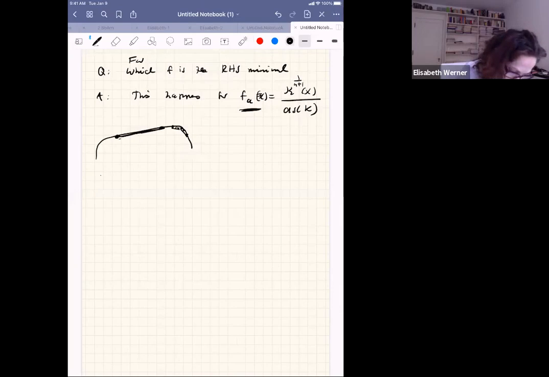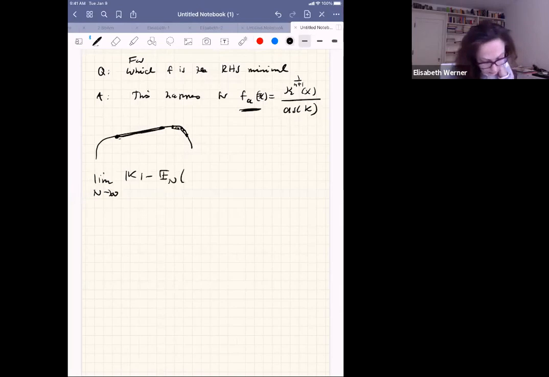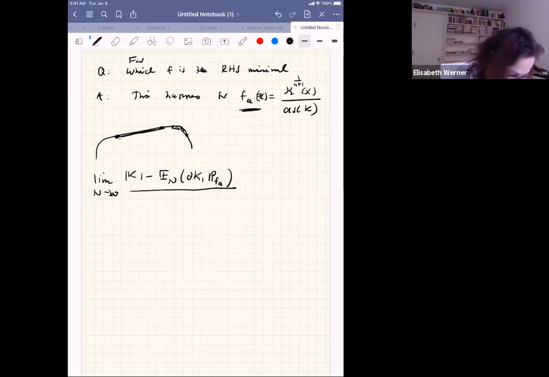How is this limit behaving as n goes to infinity? That is, how does the expected volume of such a random polytope behave if we choose capital N points on the boundary with respect to this optimal choice of the density?